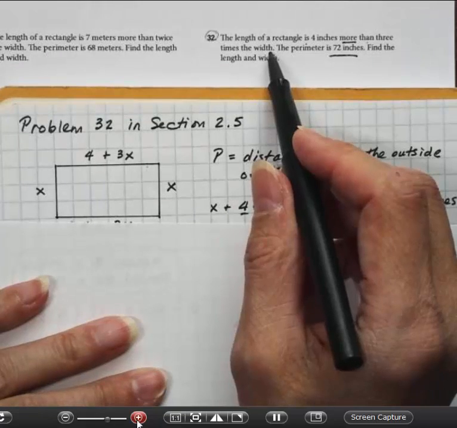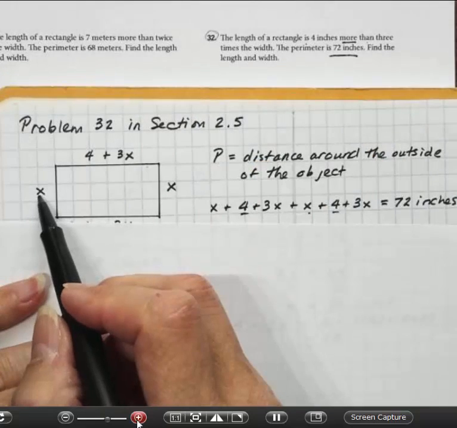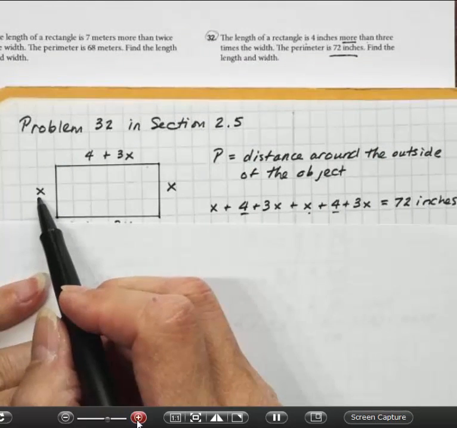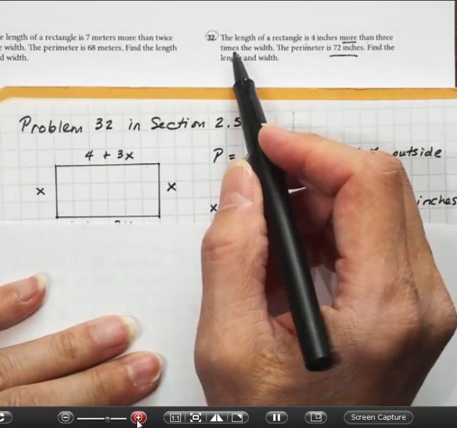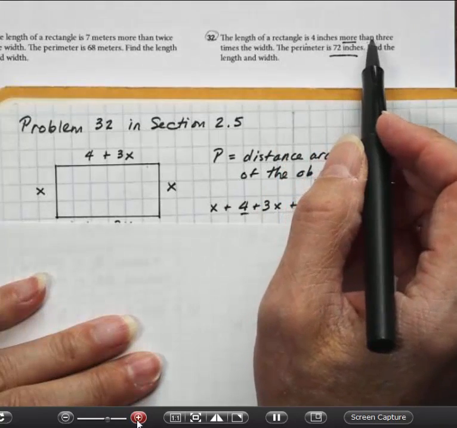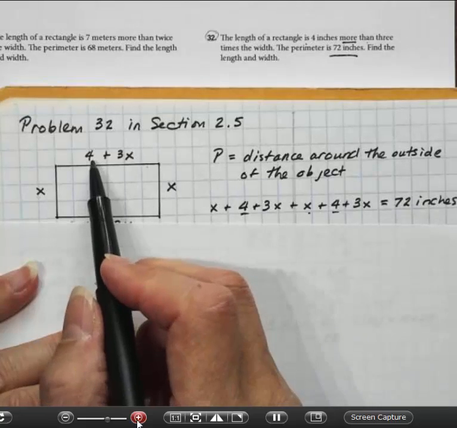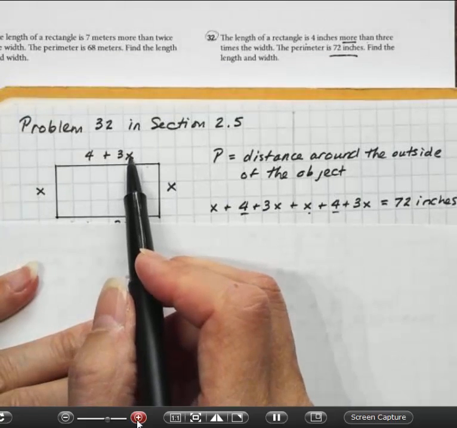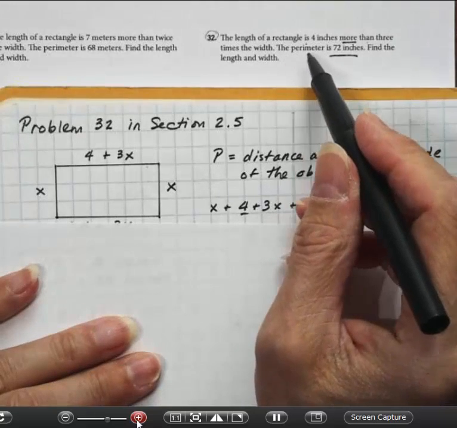I didn't know the width of this rectangle either, so I let the width, which is your shorter side, equal x. Then my length becomes 4 plus 3x. Then the next thing I did is I wrote down the perimeter is 72 inches.